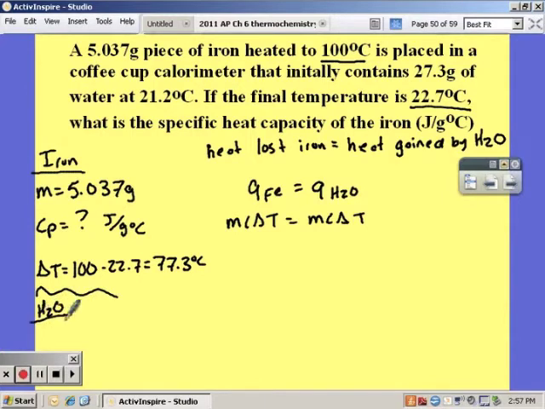And then I'm going to have all my water information. And again, my change in temperature is 22.7 minus 21.2.